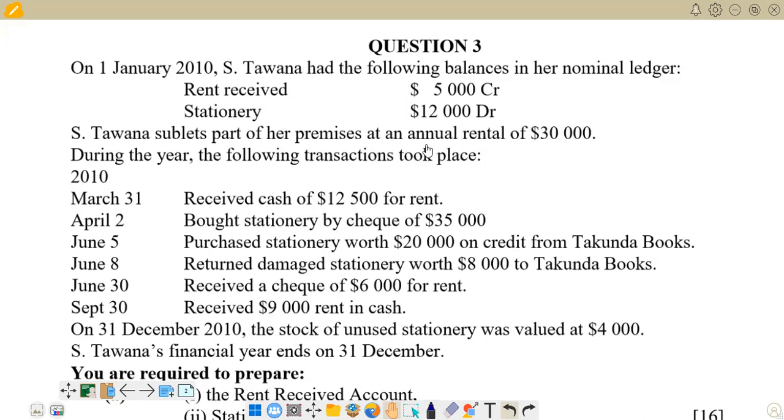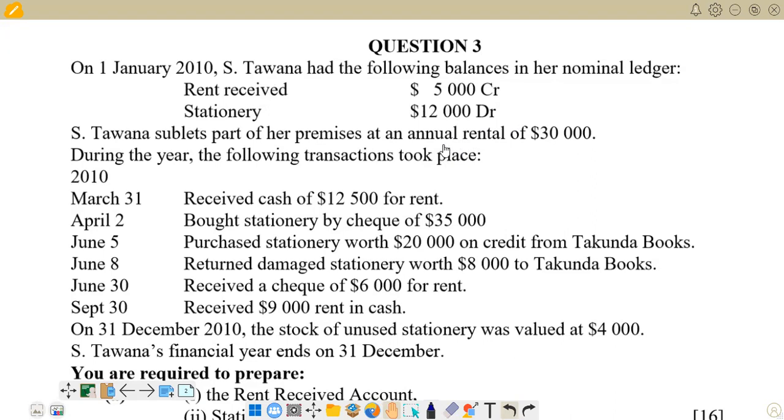When we prepare our financial statements, the income statement, we prepare according to the matching concept. So regardless of receiving the money or not, we have to include 30,000 under other income as rent received. Remember, this is rent received, so we are receiving 30,000.